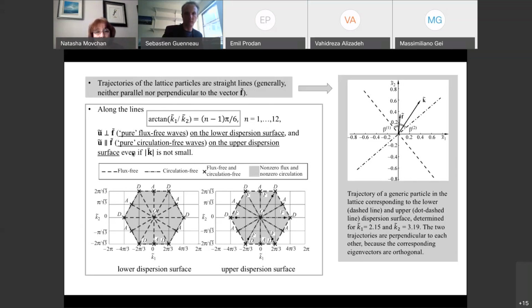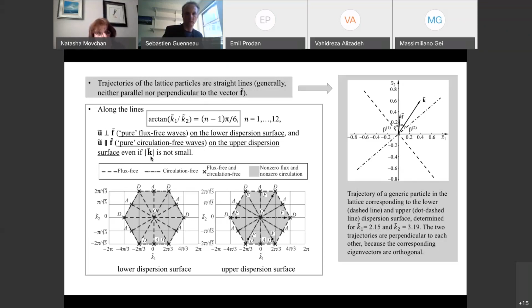And on the upper dispersion surface, when we choose the frequency from the upper dispersion surface, we will have u parallel to this vector f, which corresponds to the case where the waves in the lattice are so-called pure circulation-free waves. And this happens when k is not small, which is important.